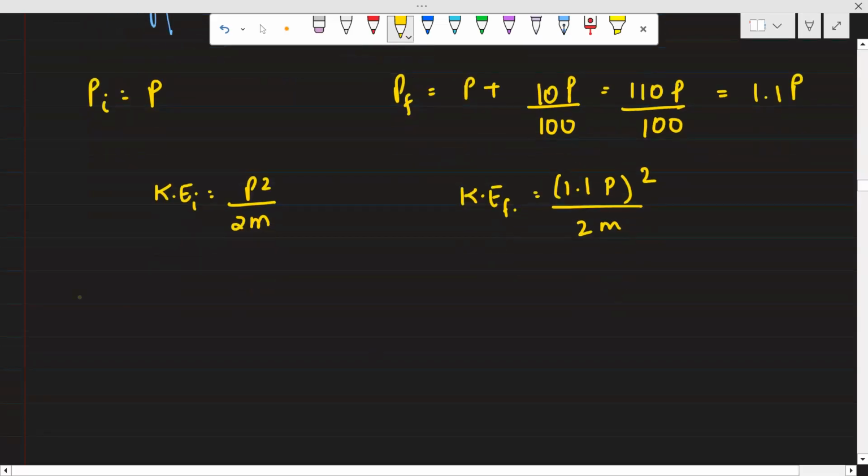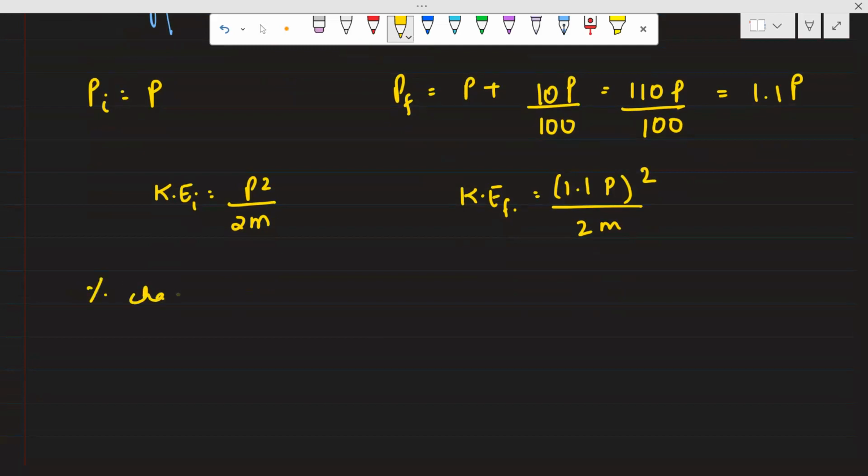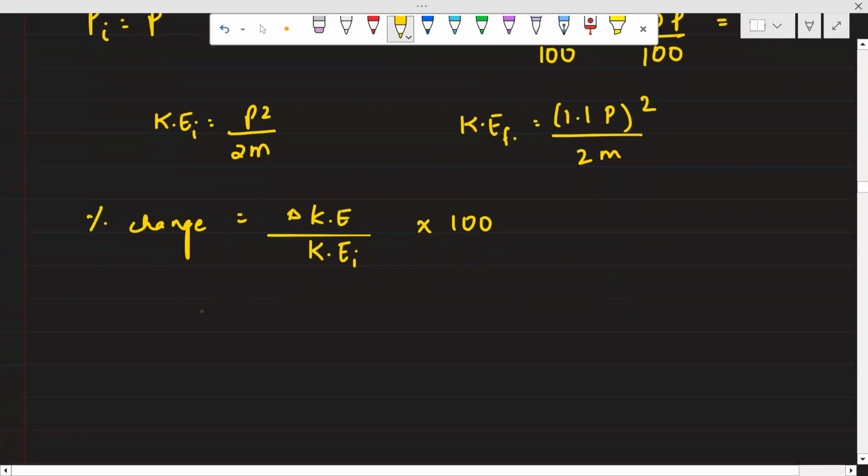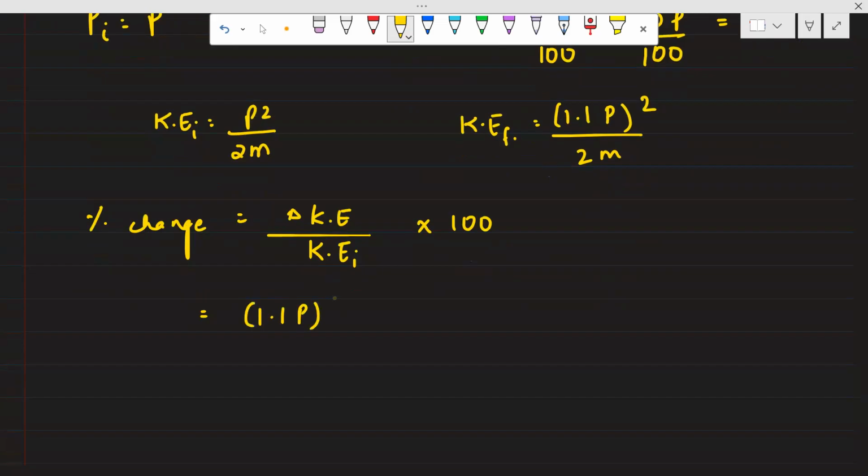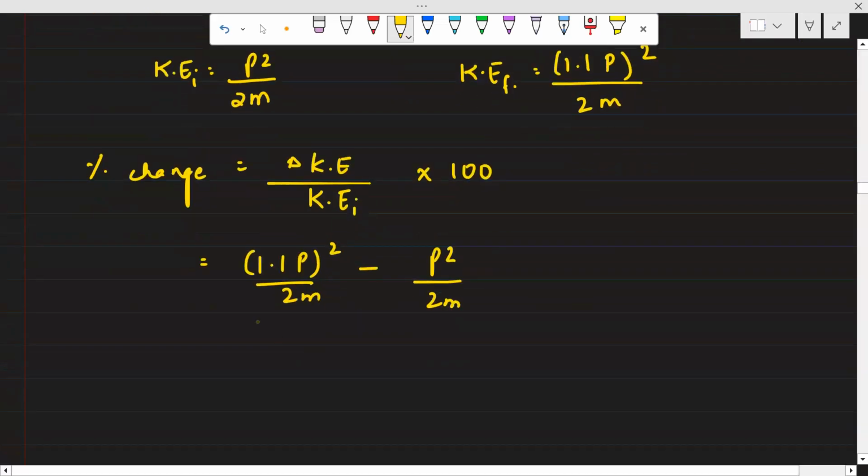So for the percentage change in kinetic energy, we take the change in kinetic energy by the original kinetic energy, initial, and multiply it by 100. Now look, this will be final, 1.1 P whole square divided by 2m, minus initial, P square divided by 2m, and the whole thing divided by P square by 2m into 100.